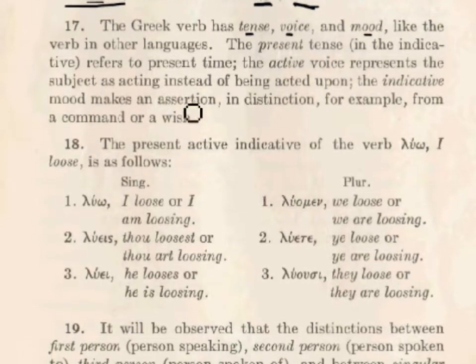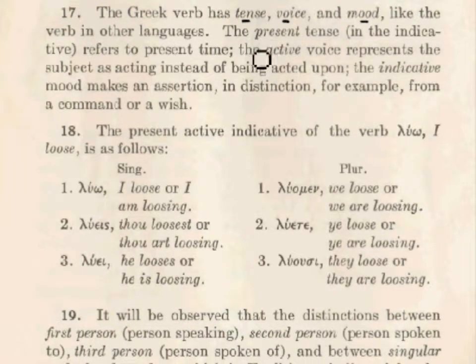Now, if you know something about grammar, then you probably know the meaning of all of those words. We're going to look at them in more detail later, but it's worth noting that right now we're dealing with the present tense, the active voice, and the indicative mood. Tense has to do with when an action takes place. Voice has to do with how it takes place, that is to say, is it active, that is the subject of the sentence acting, or is it passive, is the subject of the sentence being acted upon.